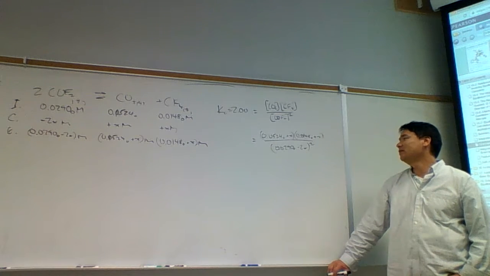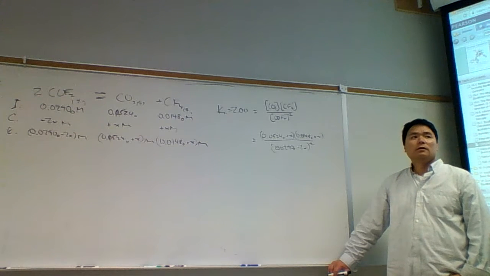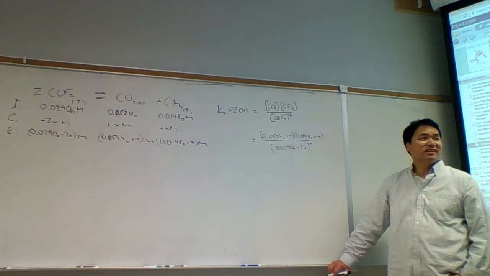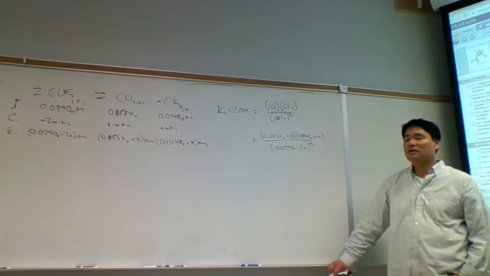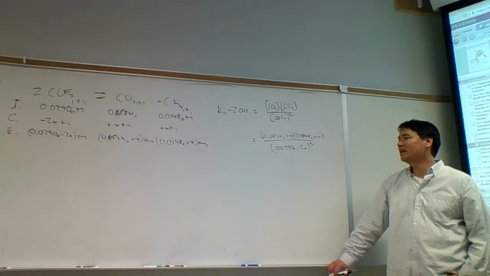So we have this problem. Will the simplifying assumption work in this particular problem? No, because all the x's are canceled. Yeah, all the x's would drop out, so we can't use the simplifying assumption.